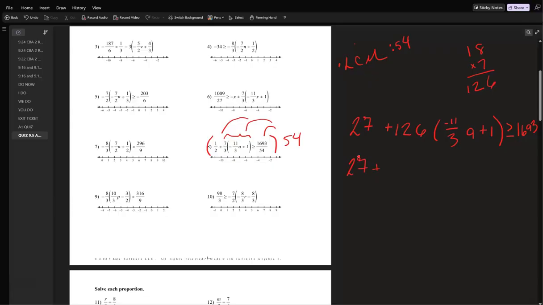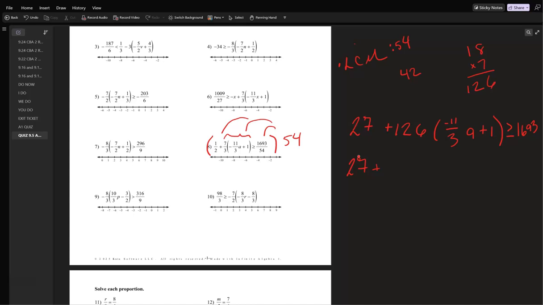I can see that there's not much to do, but there is a lot going on here. So this value out here can get distributed inside. So once again, I'm going to be able to divide 126 by this 3, which is going to give me 42.